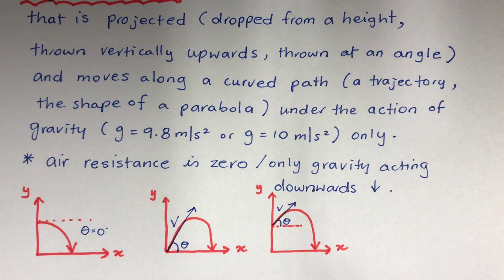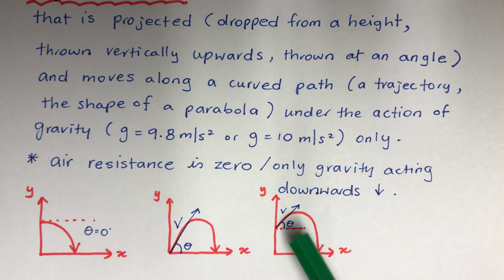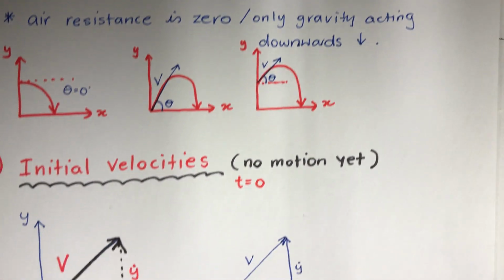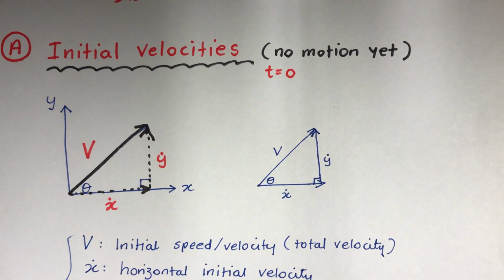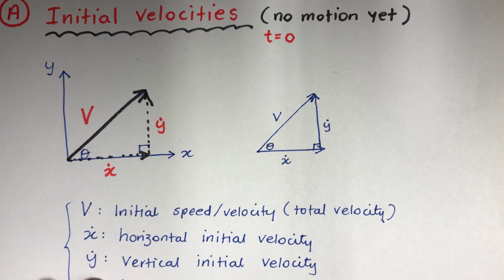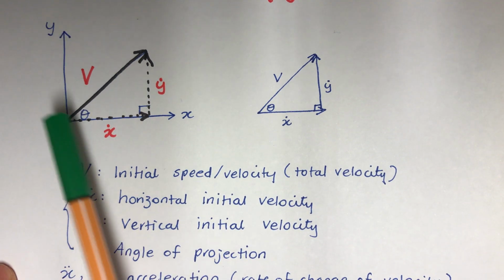And there are some examples of motions. So this will be the motion at a height. Now let's have a look at initial velocities, like there's no motion happened yet, and t equals 0. So that's what it looks like.